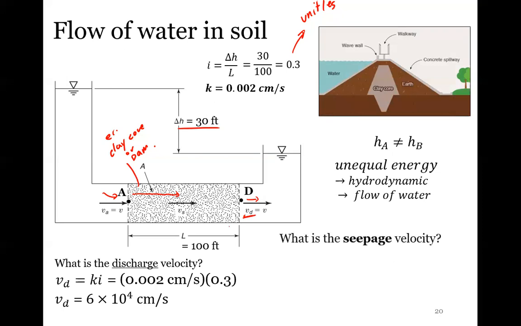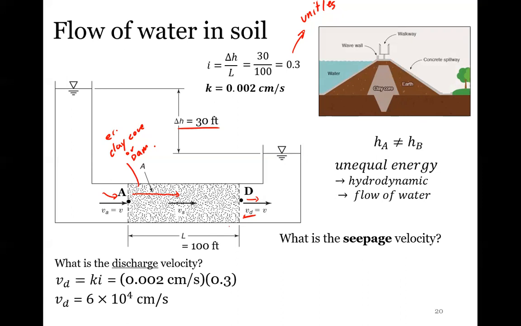But the seepage velocity is also equally as important. If we think about biological processes, a lot of times we want water to slowly move through the pore space of soil so it has enough time to be treated with biological processes, like for wastewater treatment or stormwater treatment. We want the water to take time so microbes can slowly eat whatever happens chemically or biologically.